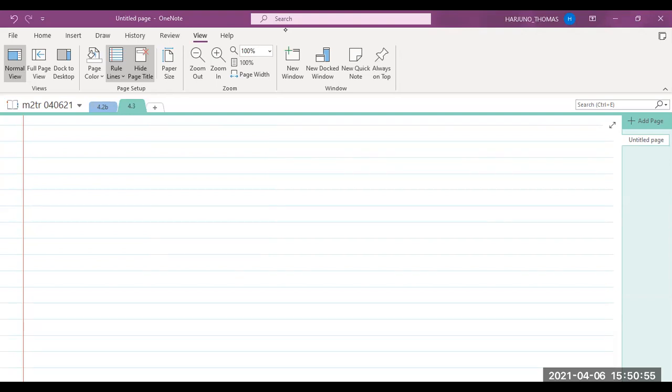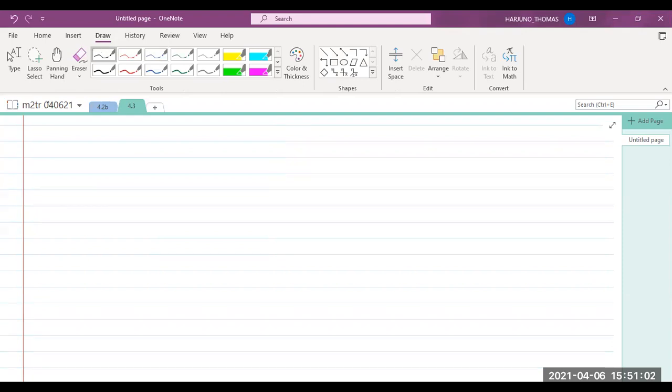Now, 4.3 is a special case of exponential function. So 4.3 is the natural exponential function, e to the x.